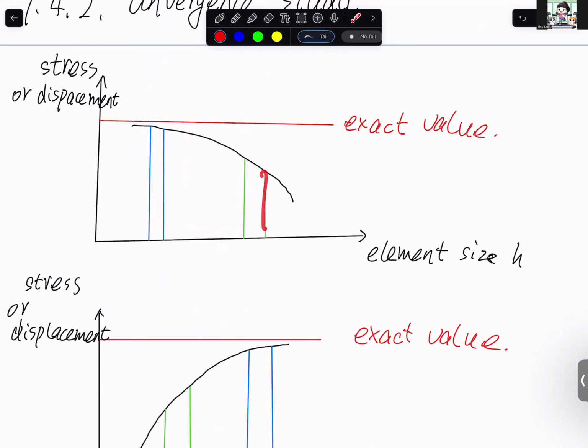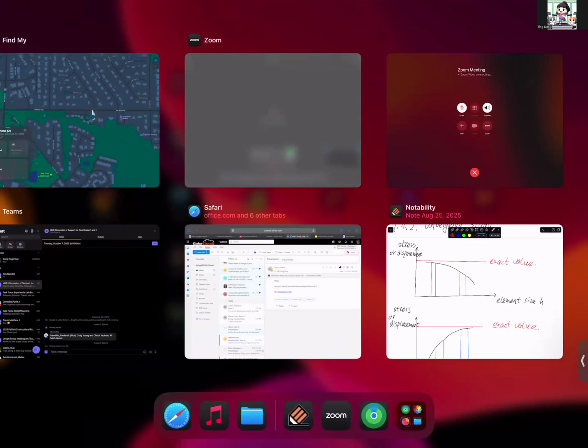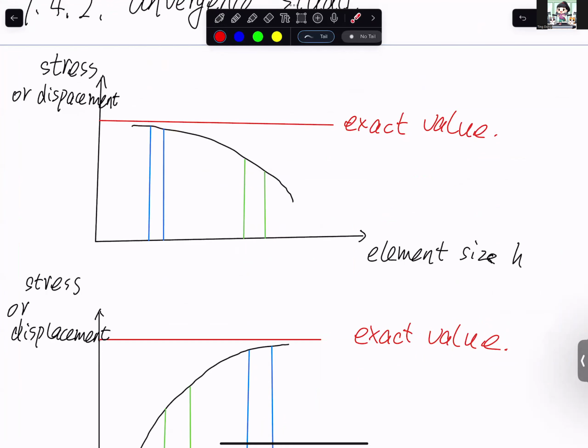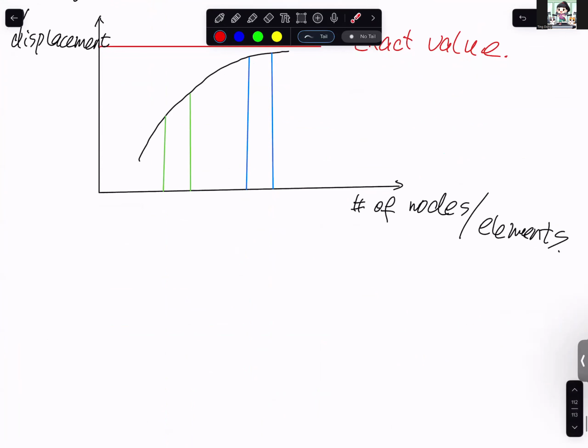I only try 3 data points, and I can calculate what the convergence rate is and what the exact solution is that we want. So let's say it is the Richardson extrapolation.